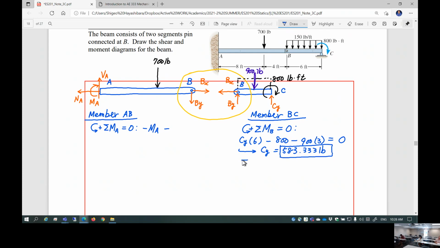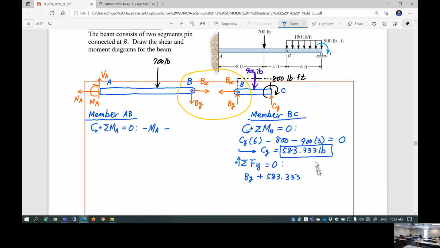Next is summation of the force in y direction, this is the positive. Set equal to 0. This is going to be By plus, now we know Cy. Cy is 583.333 pounds.